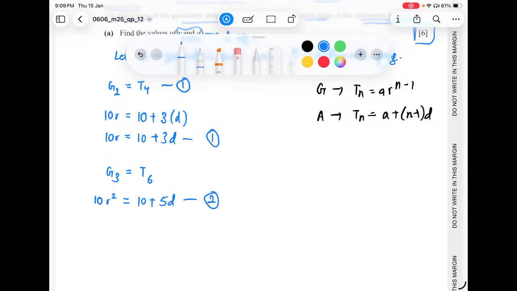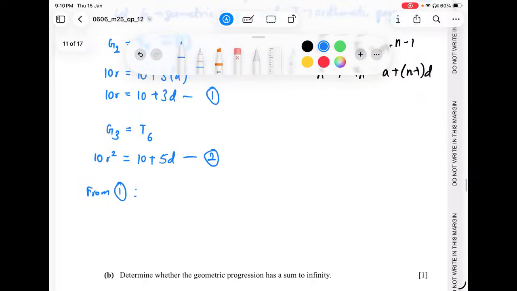So the first thing you can think of is taking from one. I use substitution here because since we have r squared and r, it's better to substitute. Or you can do the division method also to eliminate the r.